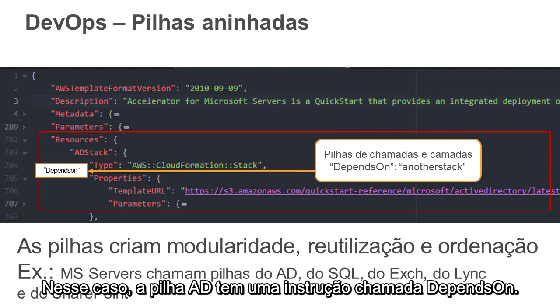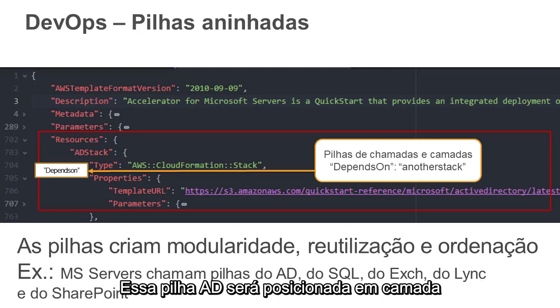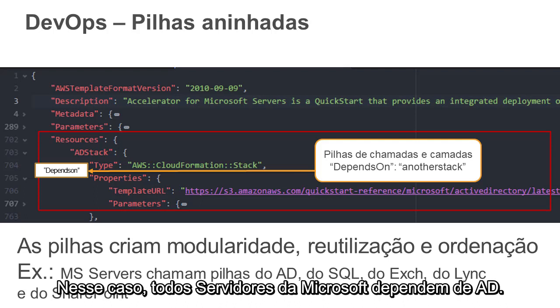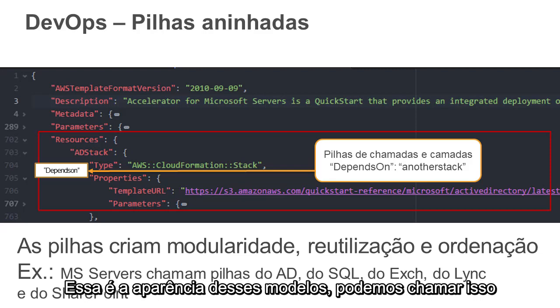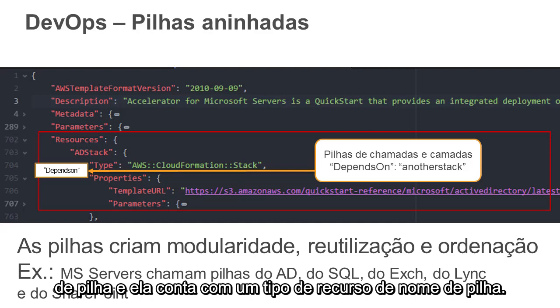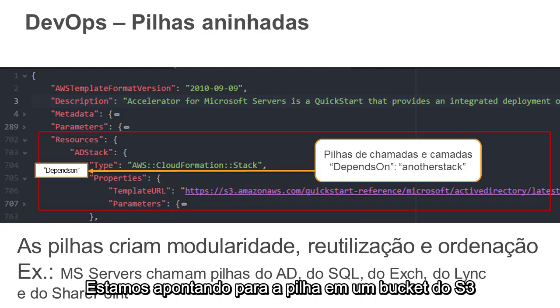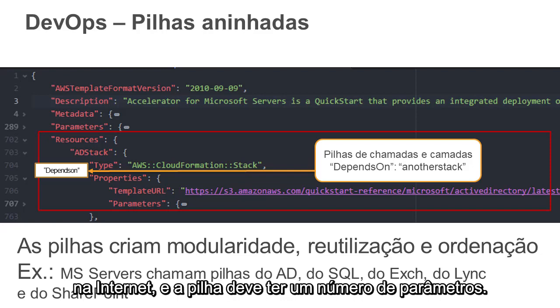In this case, the stack has a DependsOn statement saying that it is going to be layered on another stack, or depend on another stack. So the Microsoft servers all have a dependency on AD, and this is what these templates look like, where you call out a stack with a resource type of a stack, and we're pointing to the stack in an S3 bucket on the internet, and it would have a number of parameters.